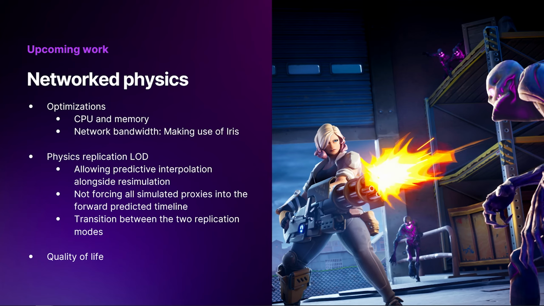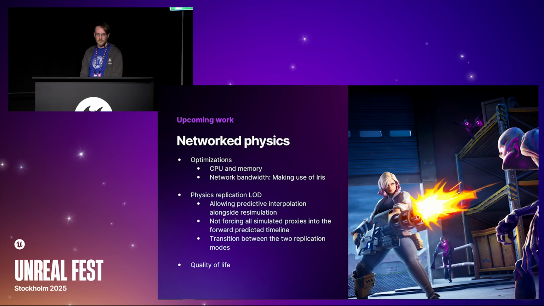Upcoming work for network physics. We have a lot of work to do with optimizations, CPU and memory, and network bandwidth. And then new features. One large thing we are working on is a physics replication LOD system, so to speak. We don't only have resimulation as a replication mode, we also have predictive interpolation, which is running in Lego Fortnite, for example.